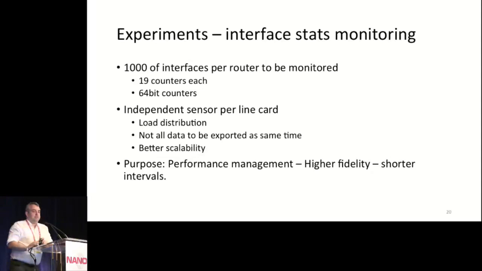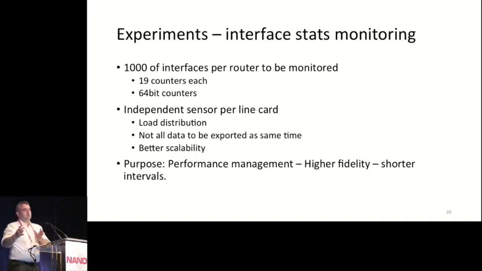The sensors for the interfaces are distributed. They run on the line cards of the system. So the central control plane was not even aware of the load related to this data generation.